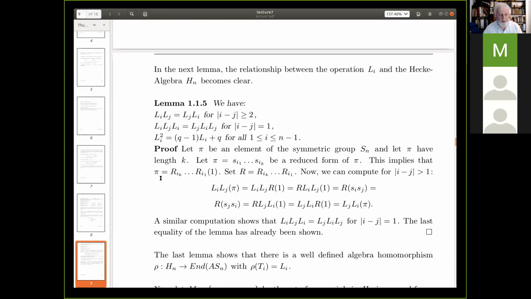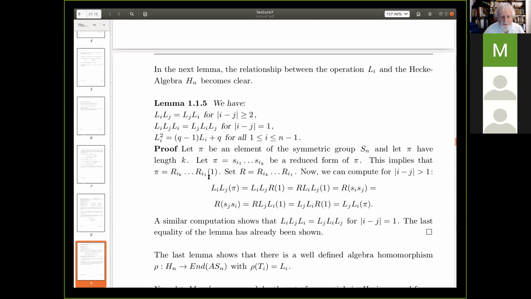So that means that pi is Rik dot dot dot Ri1 of 1, because we're multiplying on the right.